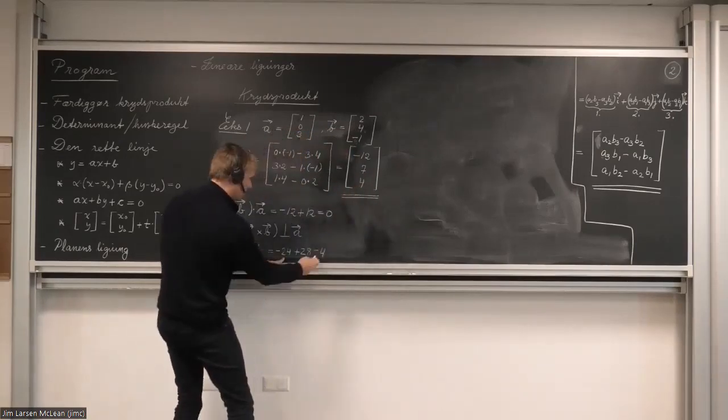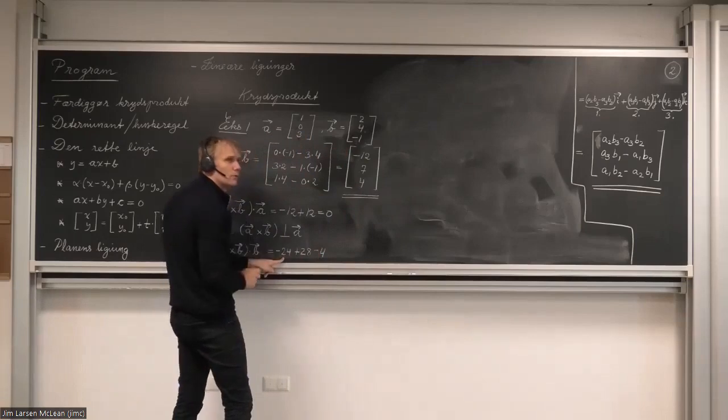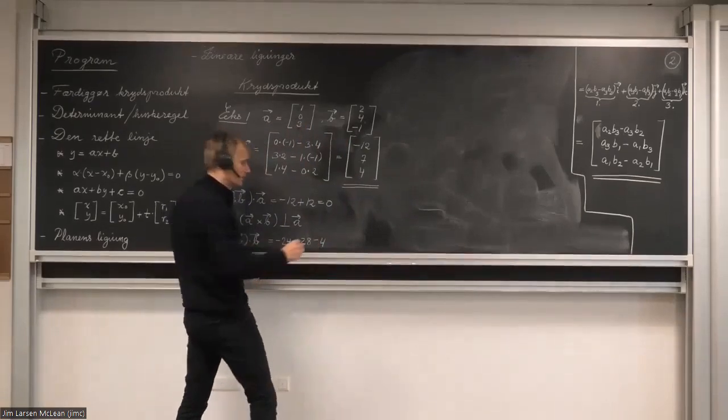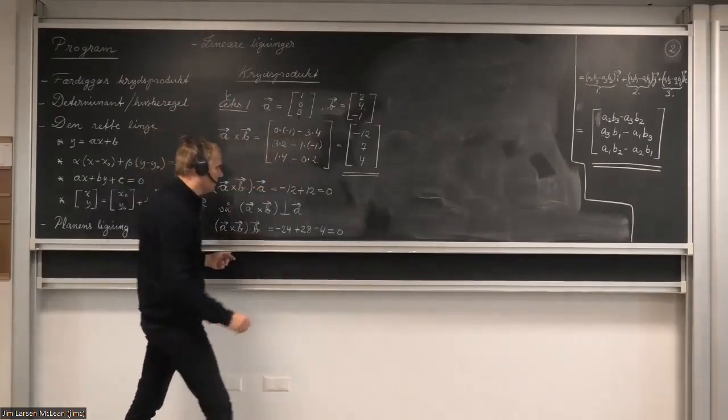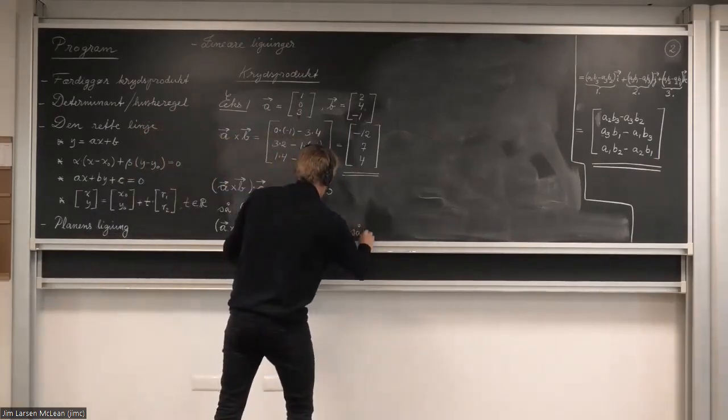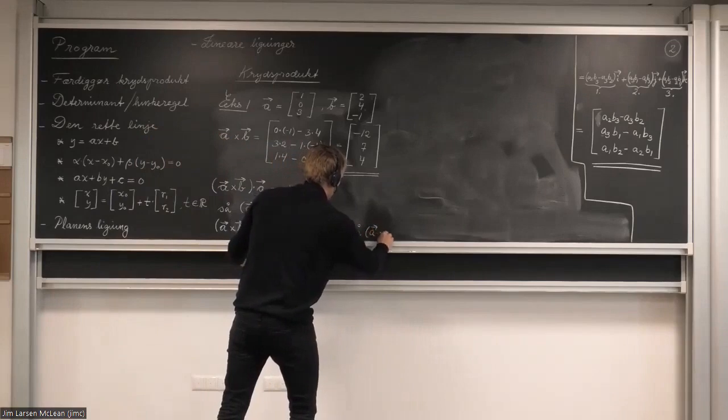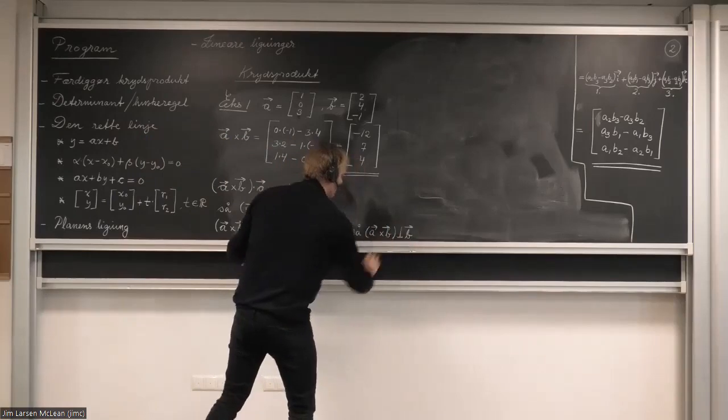And minus 24 minus 4, that's minus 28, plus 28, that's 0. So A cross B stands perpendicular to B as well.